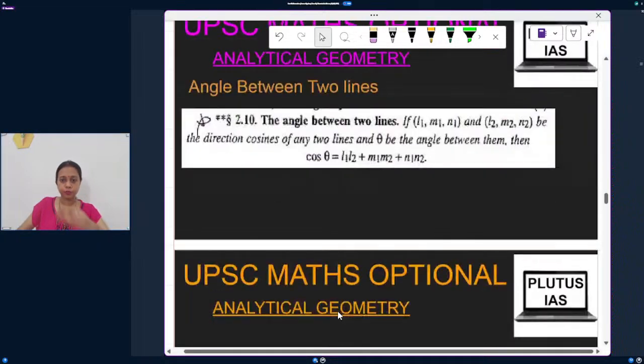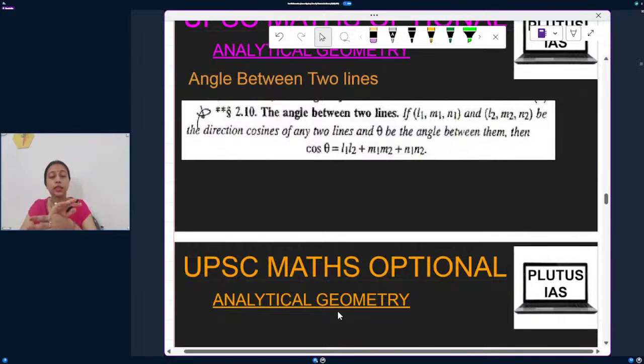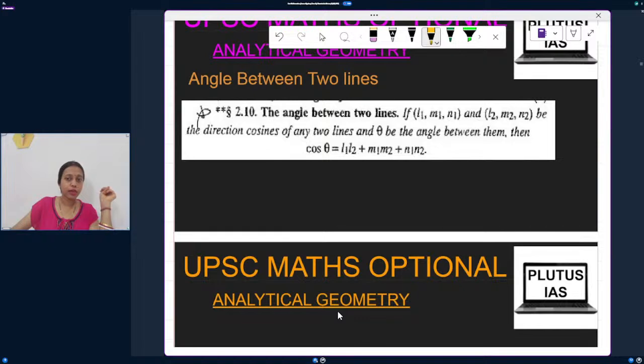See this. Angle between the two lines. Please note we are talking about only three dimensions. So in three dimensions, if I have two lines and I know their direction cosines, L1, M1, N1, L2, M2, N2, then I can easily find their angle.